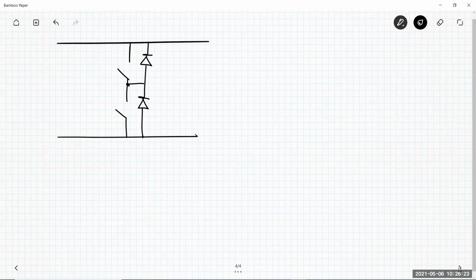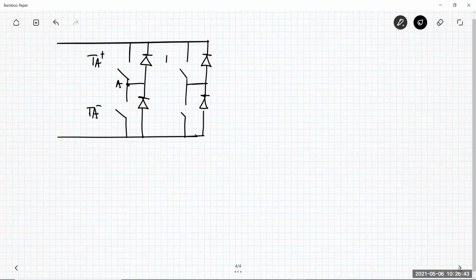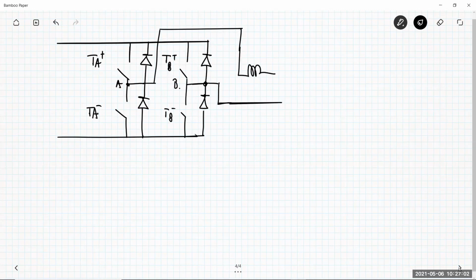So the leg A, TA plus, TA minus, dA plus, dA minus, this is the node A. This is the leg B with dB plus, dB minus, this is the node B. And so we have the current port here.